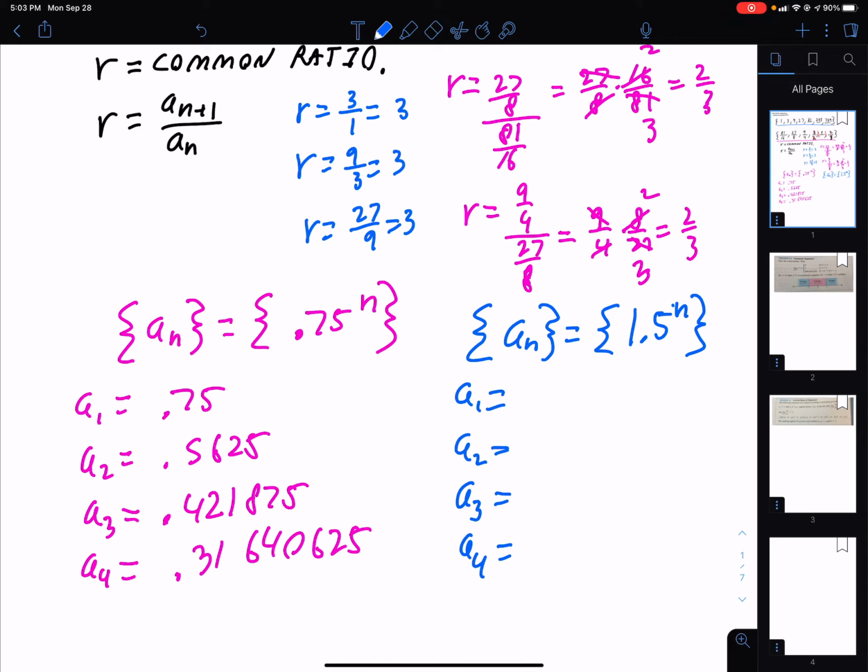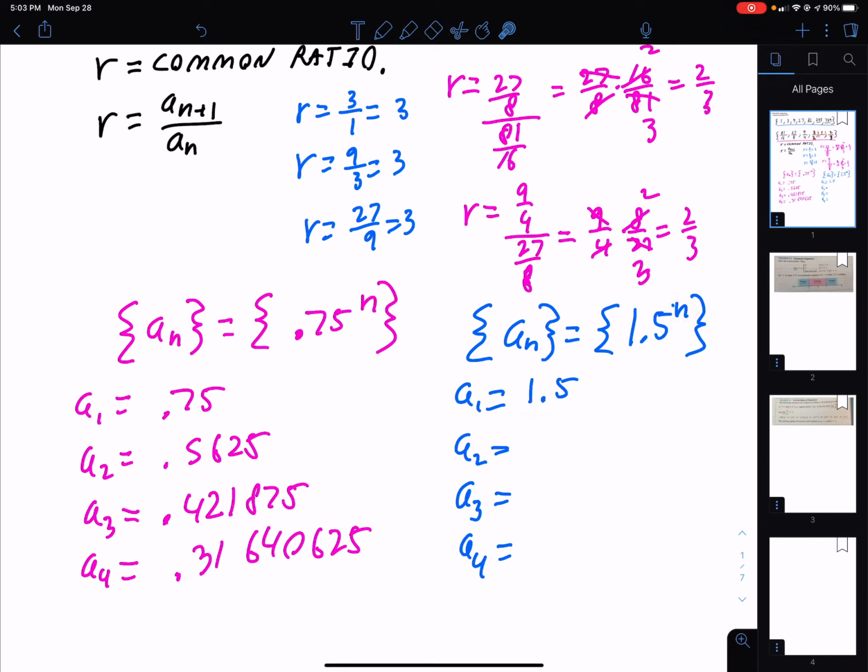The first one's easy. First power is just going to be 1.5. You can figure out the rest if you want and pause, and I'll just keep going. So the next one, you're going to have a 2 there, because you're looking for a sub 2. It's just going to be that times another 1.5.